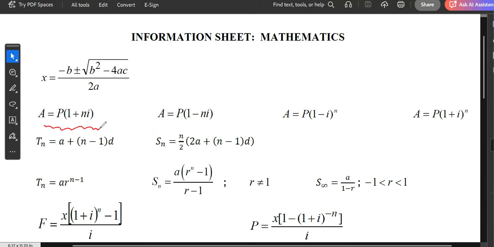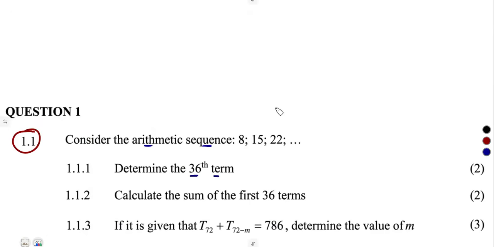If we are asked to find the nth term, we can determine it from our Tn of an arithmetic sequence. So in this case, it was a direct question. As we've got our terms T1, T2, and T3, we are going to have Tn equal to a plus n minus 1 times d.